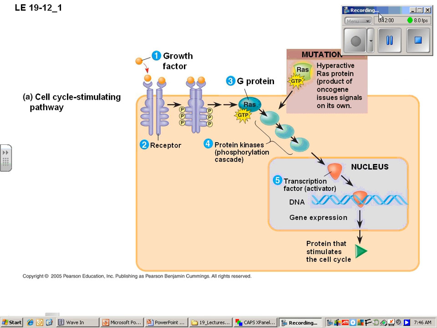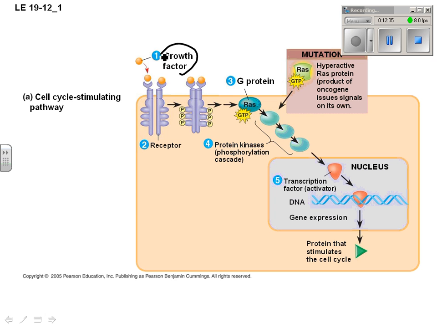Here comes the growth factor telling the cell to divide. Divide, cell, divide. Here's the pathway. We have the receptor, we have the transduction, and we have the response to produce a protein that stimulates the cell cycle, a kinase or a cyclin-dependent kinase or something like that.